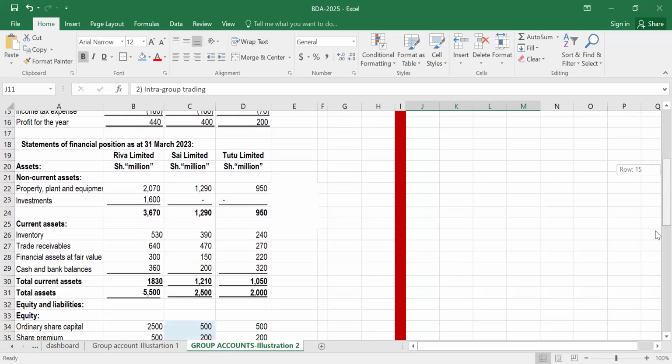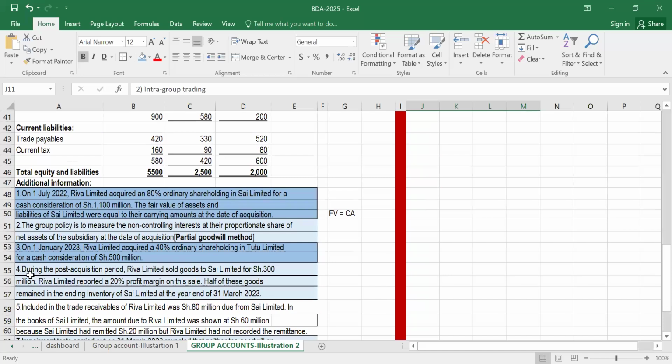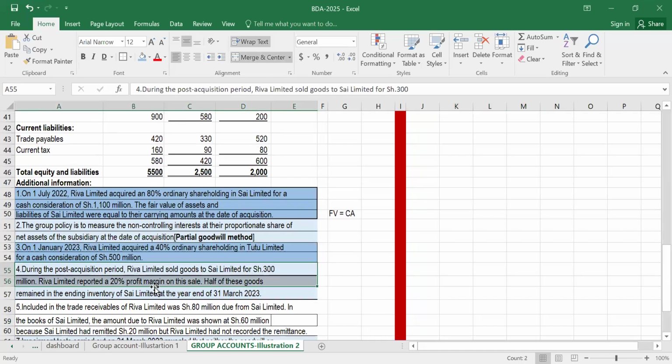So let's go back to the same point number 4. We are told BV Limited reported a 20% gross profit margin on these sales. And then we are told half of these goods remained in the ending inventory of CCIE Limited at the end of the year.